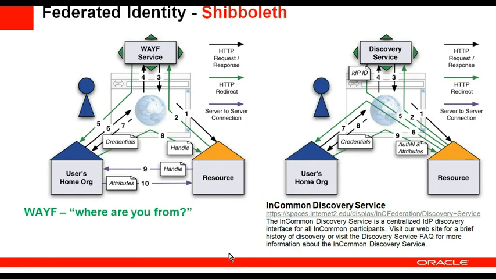So in support for Shibboleth, historically they had a where-are-you-from service, because Shibboleth was establishing the trust between the user and the multiple sets of resources that it had access to. This symbol looks like a keyhole, but it's intended to be the user accessing the workstation.